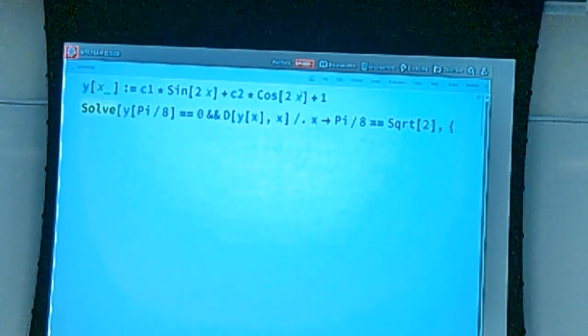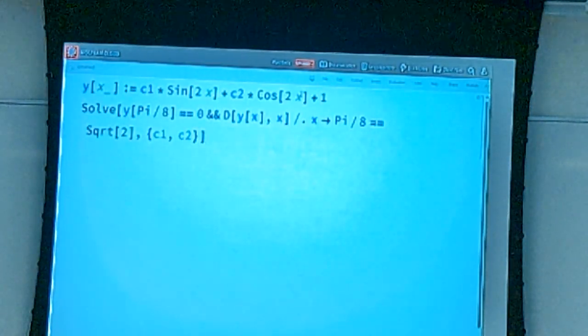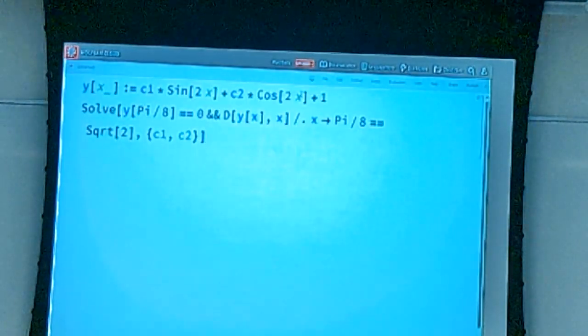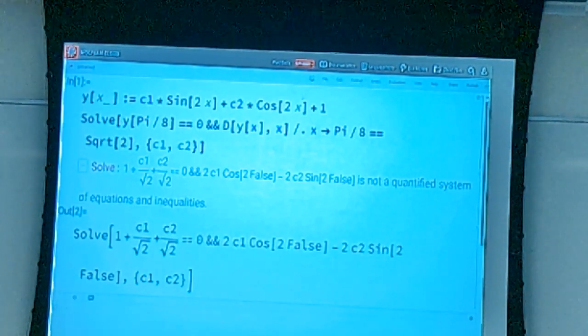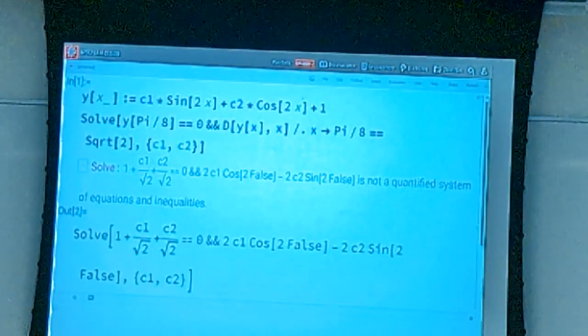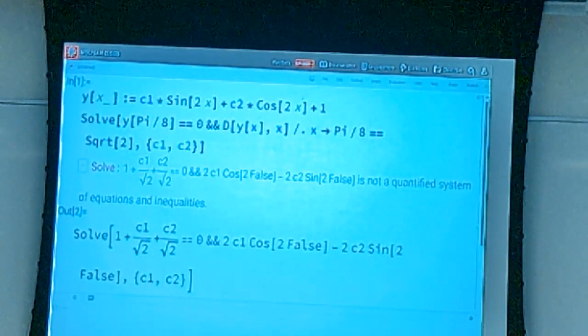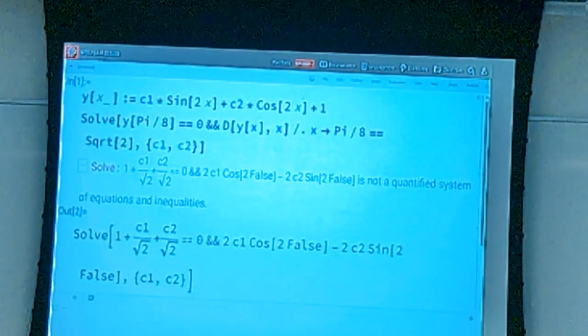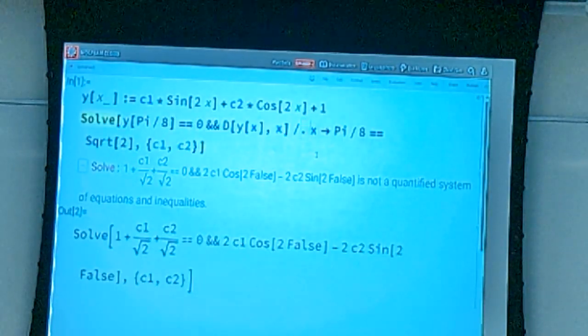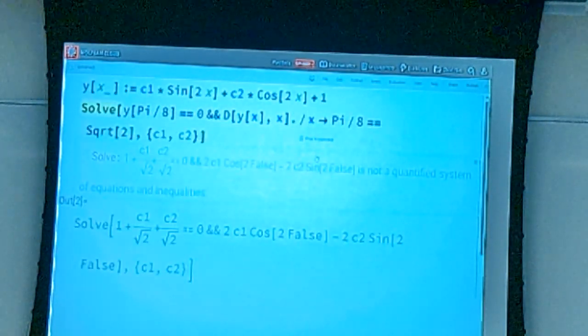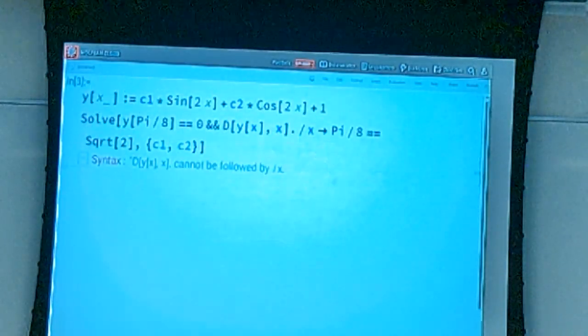Now I need to solve for it. I have to put it into braces. I want to solve for C1 and C2. This is why I don't have to actually put in another line for the derivative. Uh-oh. I did not like that one. Maybe it is this direction. No. Okay.